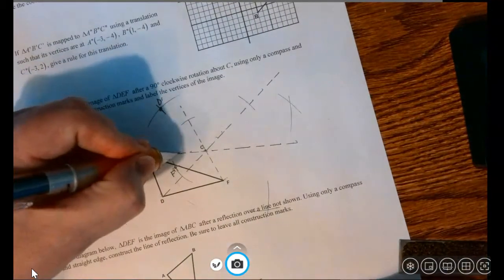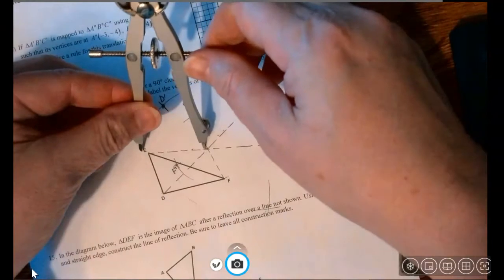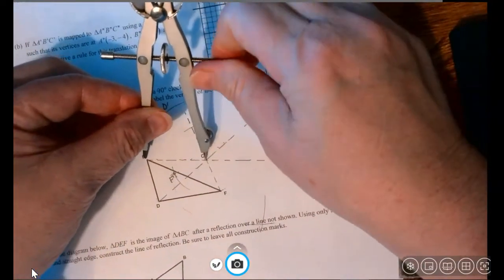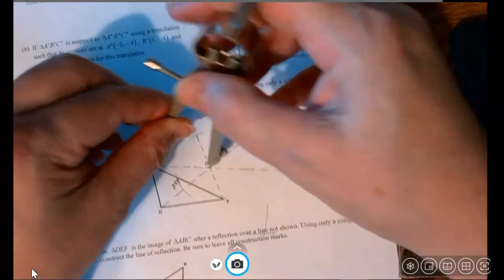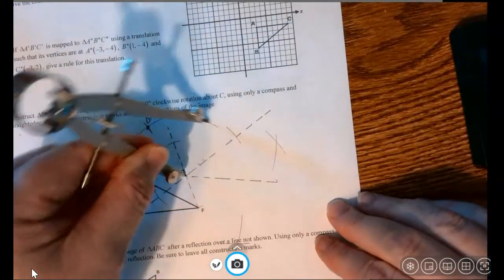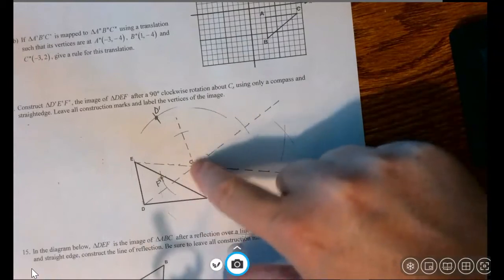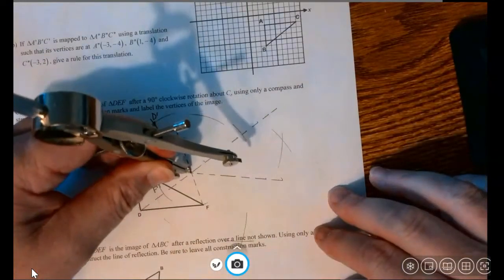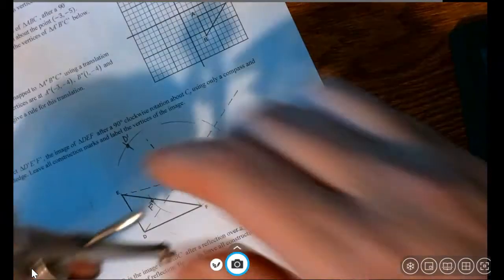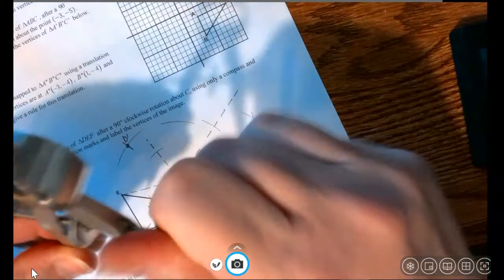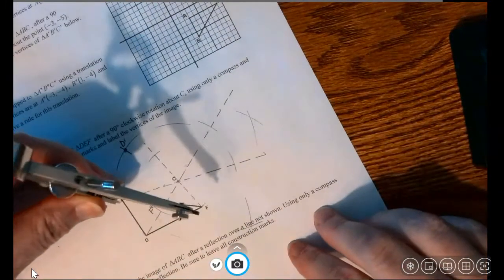So here, I'm going to measure from C to E. And actually, while I have that distance, I'm going to go ahead and draw this arc up here, because I know that E prime is going to be roughly right in here somewhere. And then another point on the perpendicular bisector of this new segment.